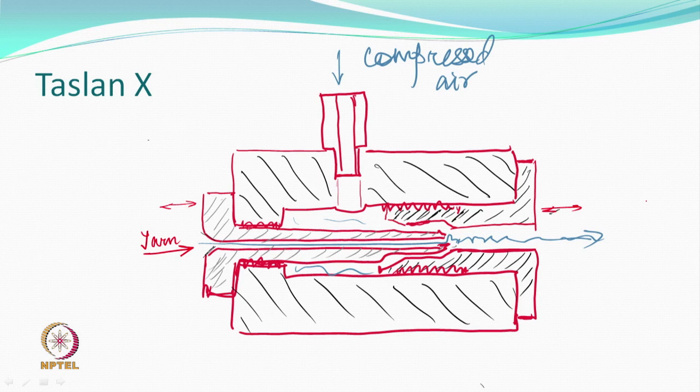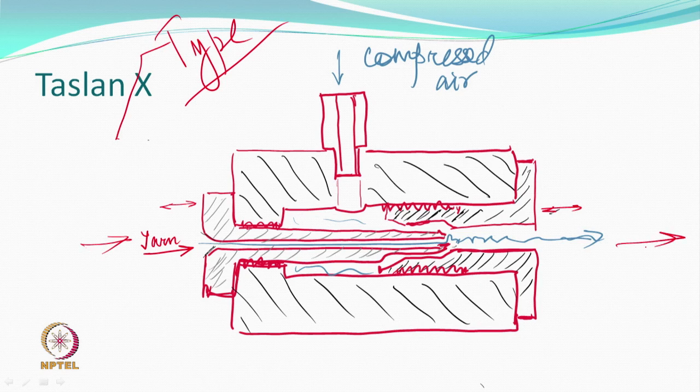The next version, which we call Taslan type 10 jet, some order has been changed here. What has been changed? Now, the air is coming from a different direction, and the yarn is entering in this direction and exiting this way. As the nozzle direction is there, in the same direction the yarn is moving, while the air is coming from almost right angles.